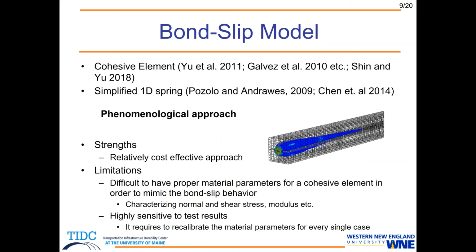I don't want to discuss how many parameters are involved in this model, but it's quite challenging to calibrate all the parameters. So it is highly sensitive to test results when anytime I change the concrete or the shape of the wires, I have to go through this calibration process. So I want to overcome these limitations.